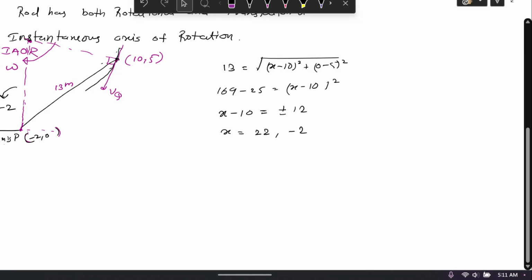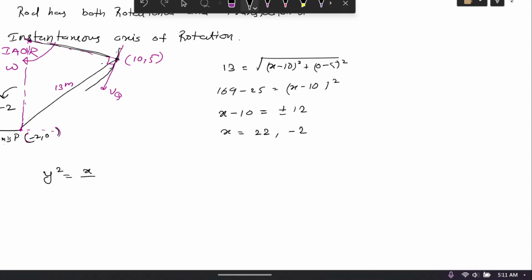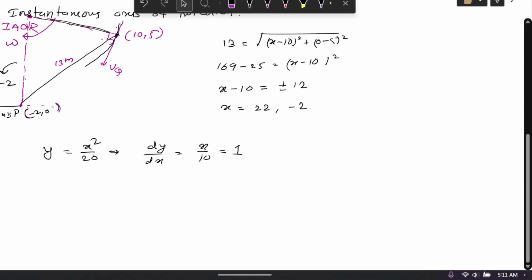So first we need to find the slope of the normal which is passing through Q. The given equation is y is equal to x square by 20. So dy by dx is equal to x by 10. And at that point Q, the slope of the tangent will be 1.